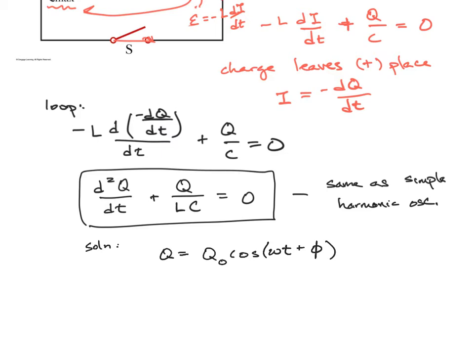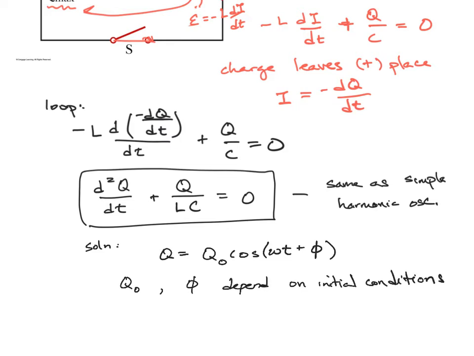That phi is a constant that depends on the initial conditions. So does Q0. So phi is the phase, and we can choose to call time equals 0 in a place where we can make that phi equal 0. So these depend on initial conditions, or basically when we call time equals 0.